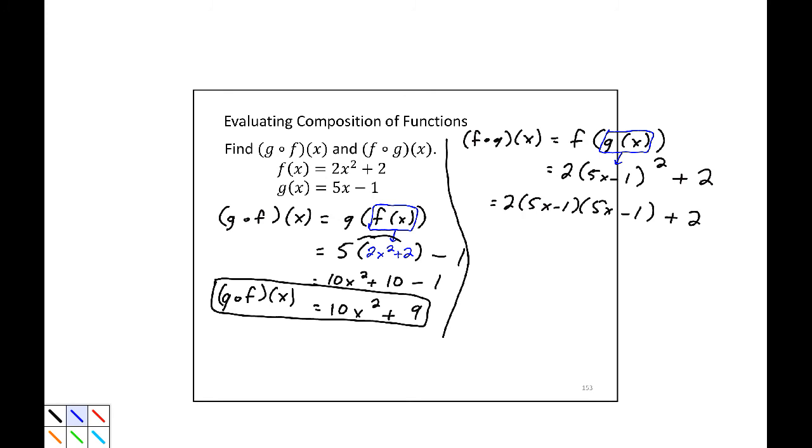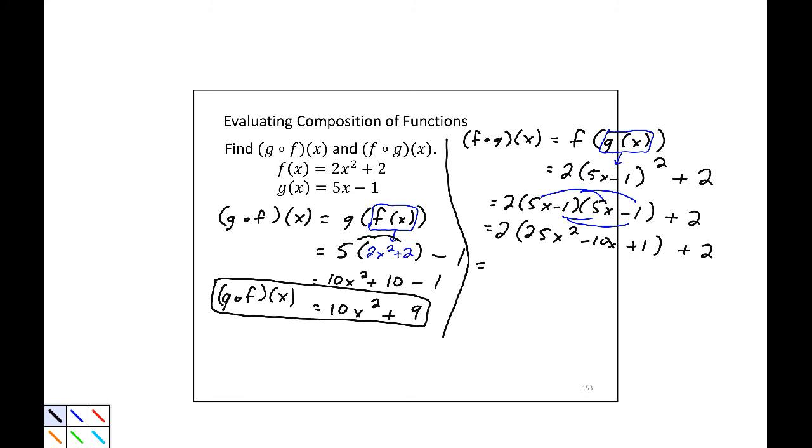Go ahead and multiply these together. 25x squared minus 5x and another minus 5x, that would be minus 10x, plus 1. Now I'm going to bring this plus 2 down, but I don't need to forget to multiply that 2.